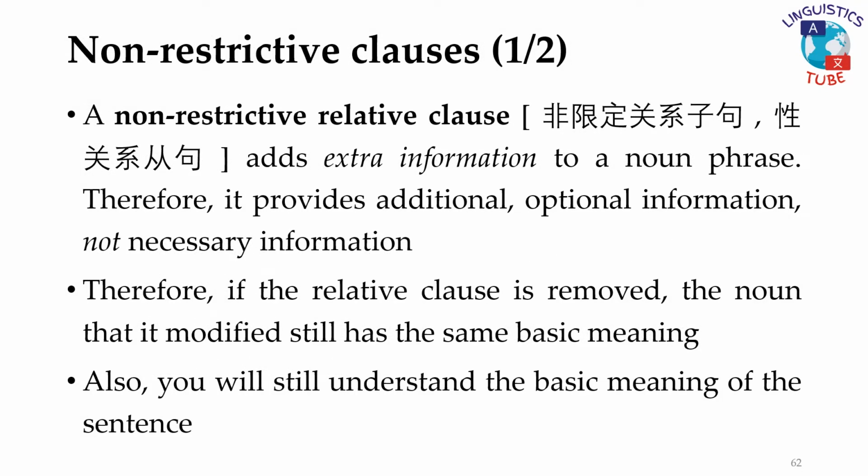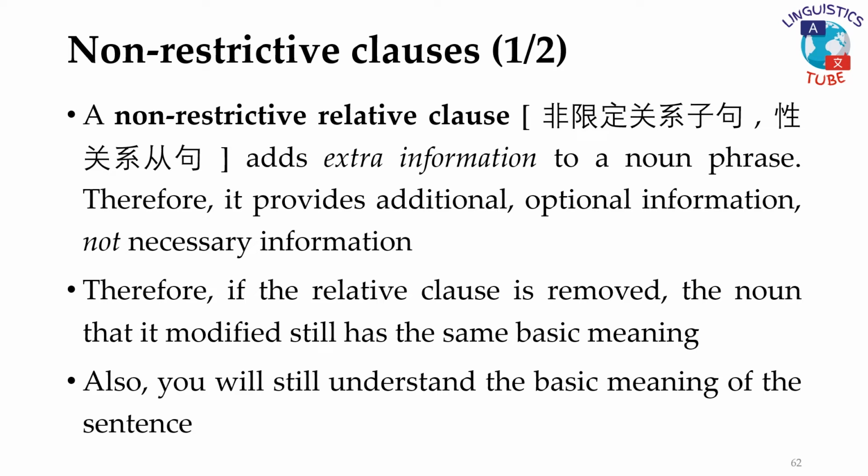Let's now look at the second type of relative clause, the non-restrictive relative clause. It is essentially the opposite of the restrictive type, because instead of adding essential information about the noun phrase, which determines the entity that the noun phrase refers to, a non-restrictive relative clause adds extra, additional, optional information to a noun phrase.